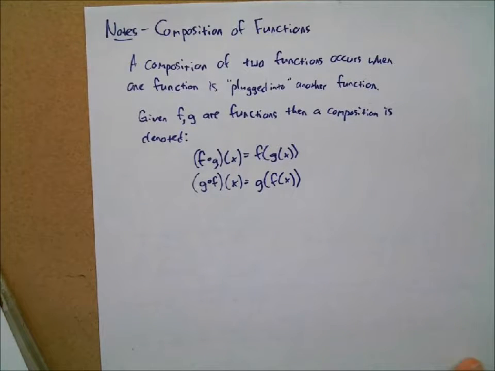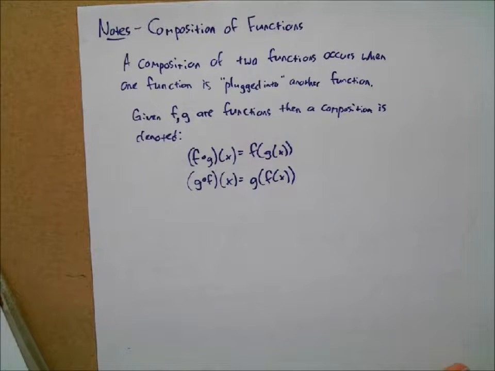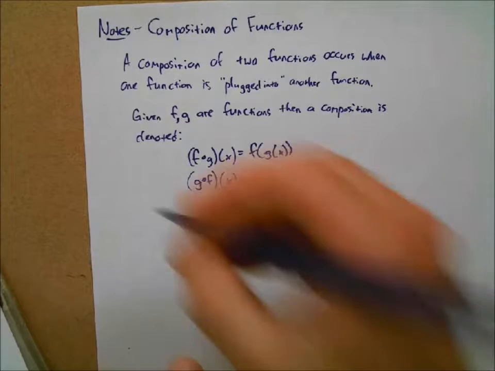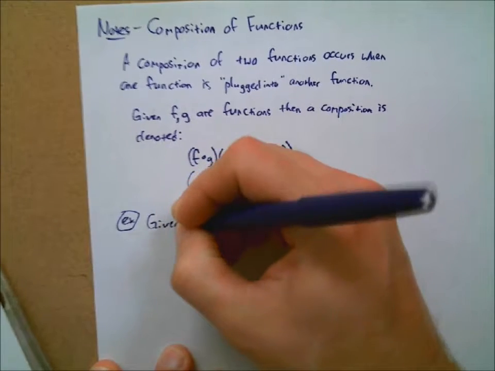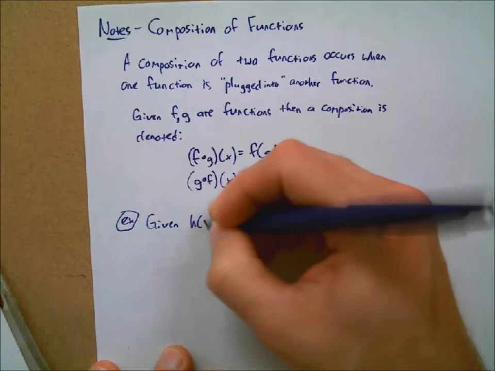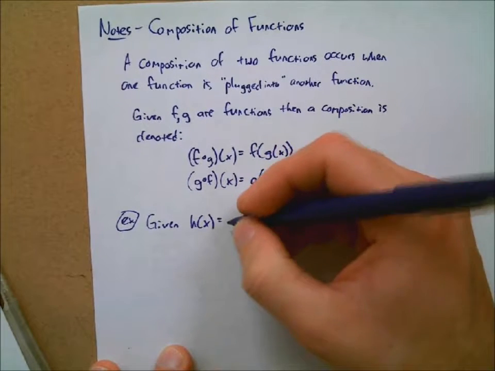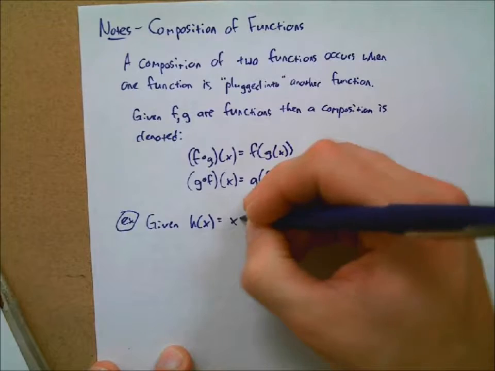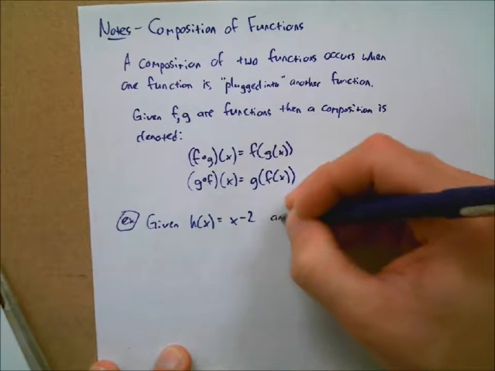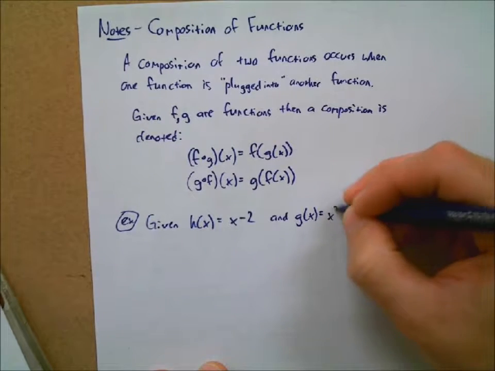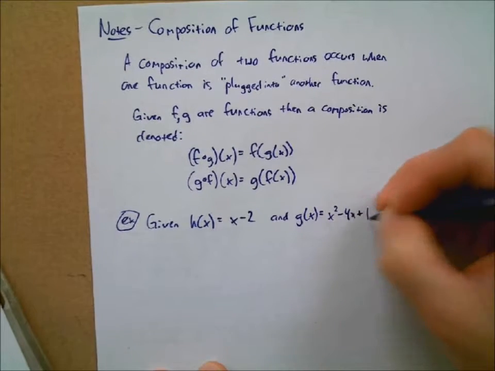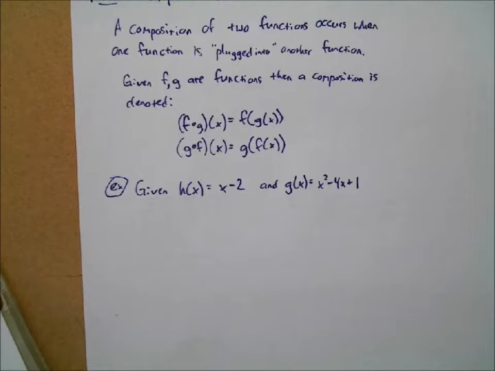All right, so let's do an example here. h of x equals x minus 2, and g of x equals x squared minus 4x plus 1.